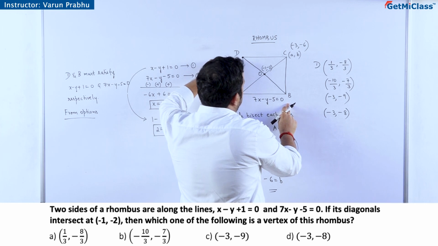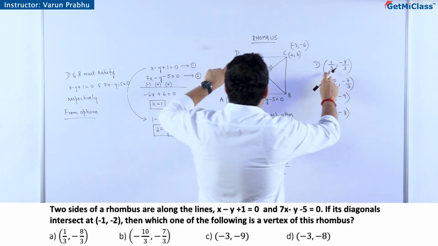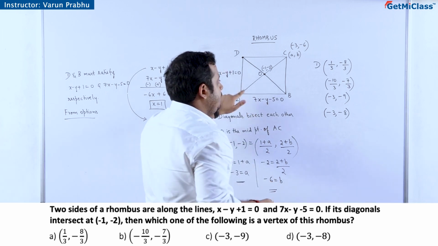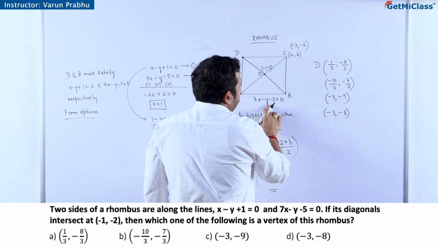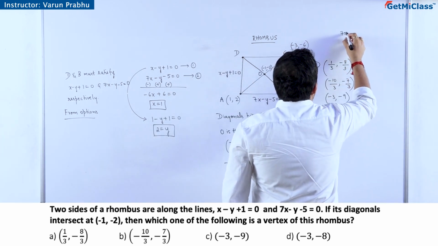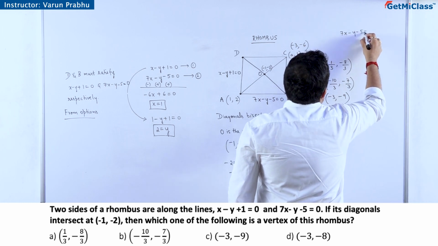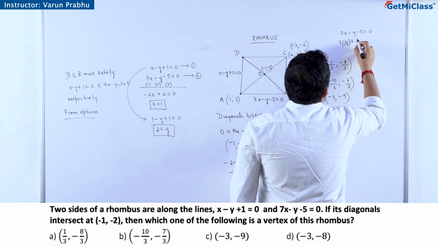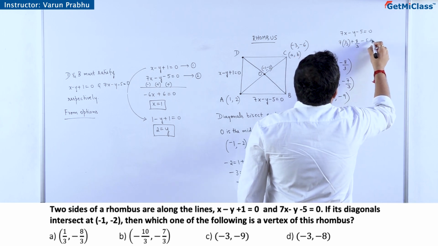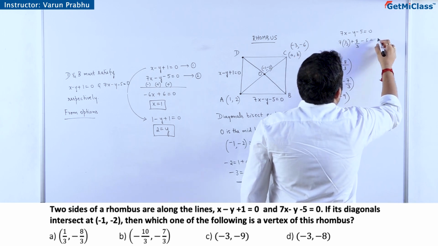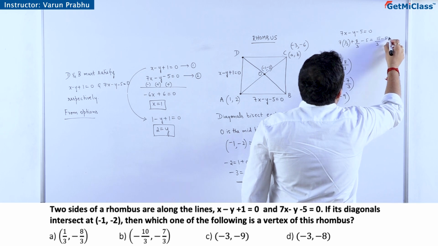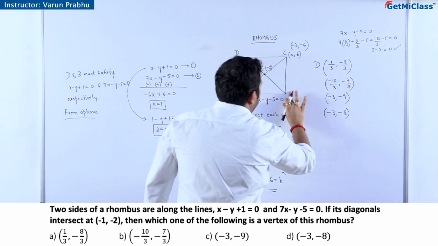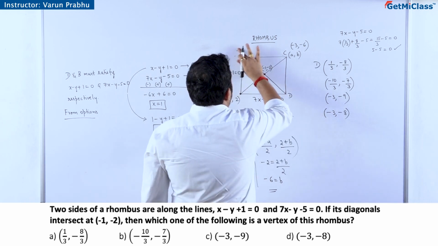This point will satisfy any one of the equations. Substituting in 7x minus y minus 5 is equal to 0: 7 into 1 by 3 minus of minus 8 by 3 minus 5, how much do you get? 15 by 3 minus 5, so 5 minus 5 is equal to 0. See, it's getting satisfied, which means this point should be the point D, this point should be the point B.